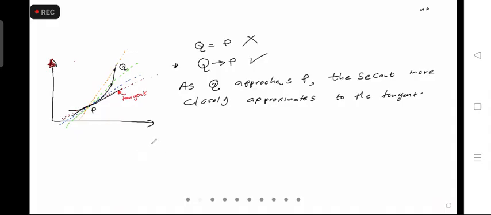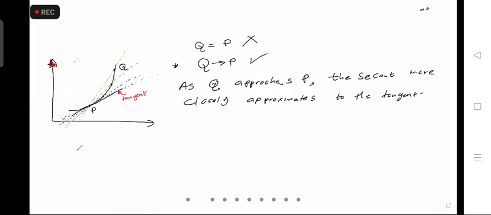So now you know the concept. Very near to the point P is what we should call limits. So under limits, we are going to do that.